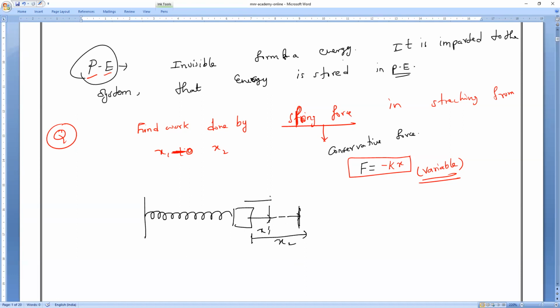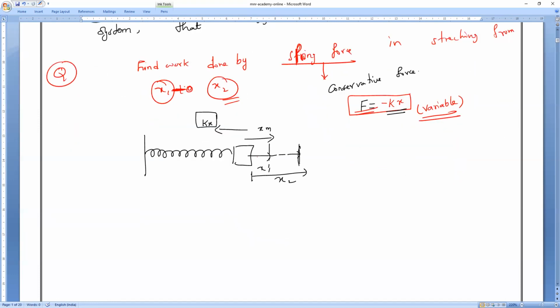If a body moves x meters forward, the force exerted by it acts in the backward direction. That is the meaning of it. So the force changes as it is stretched from x1 to x2.